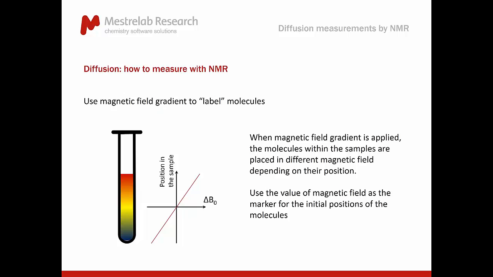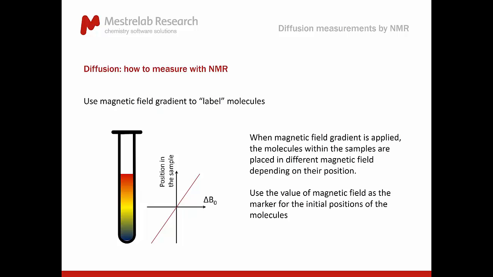So to measure diffusion, we use a trick which is called magnetic field gradient. There is a special coil inside your NMR probe which creates this magnetic field gradient. So basically when we have a current in the gradient coil, we can see that the magnetic field is slightly different along the vertical axis of the sample.